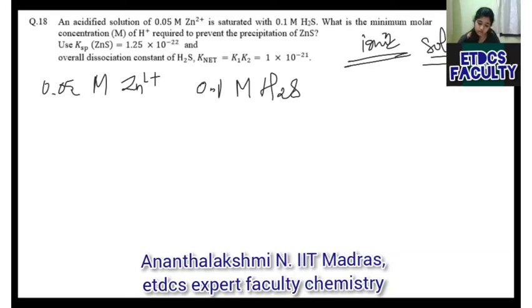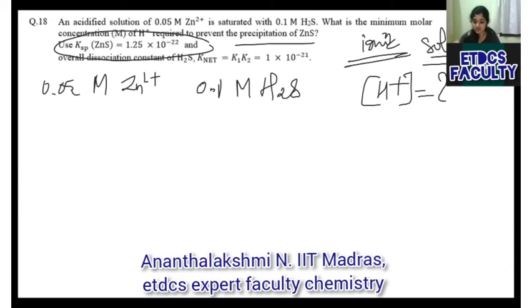What is the minimum molar concentration of H plus required to prevent the precipitation of zinc sulfide? They have given the solubility product of zinc sulfide. So we need to find the concentration of H plus so that we are preventing the precipitation of zinc sulfide.